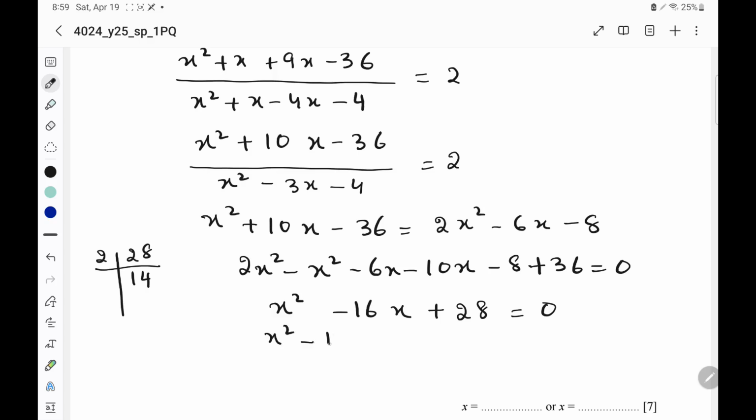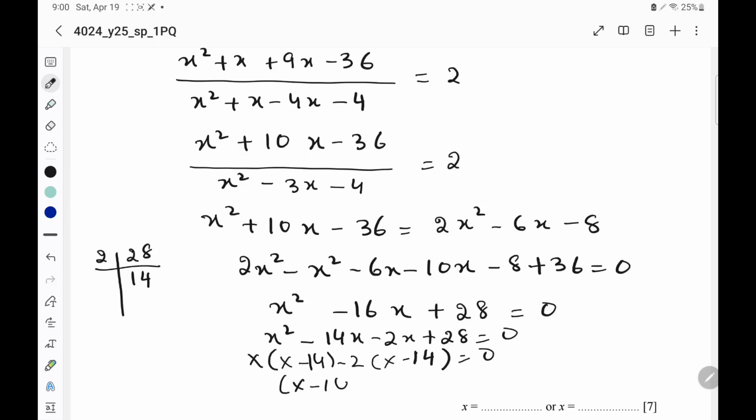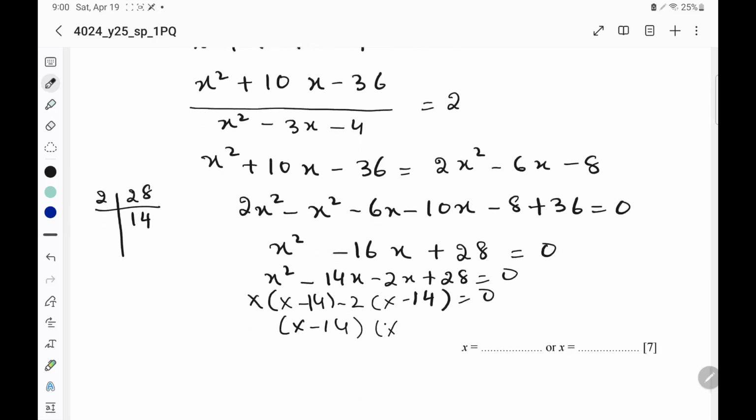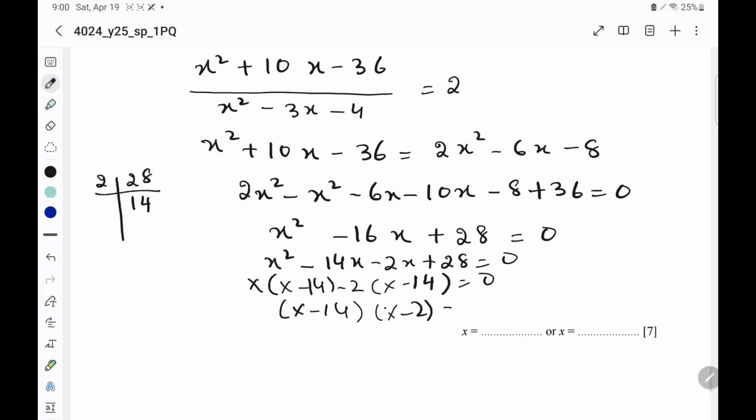So minus 14x minus 2x plus 28 equals to 0. x common, x minus 14, 2 common, x minus 14 equals to 0. x minus 14 and x minus 2 equals to 0.